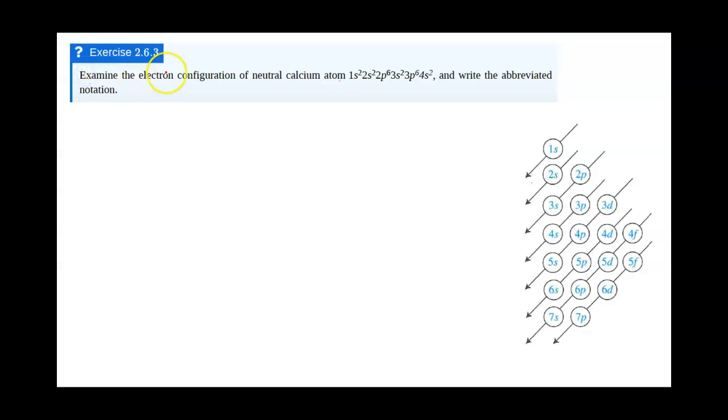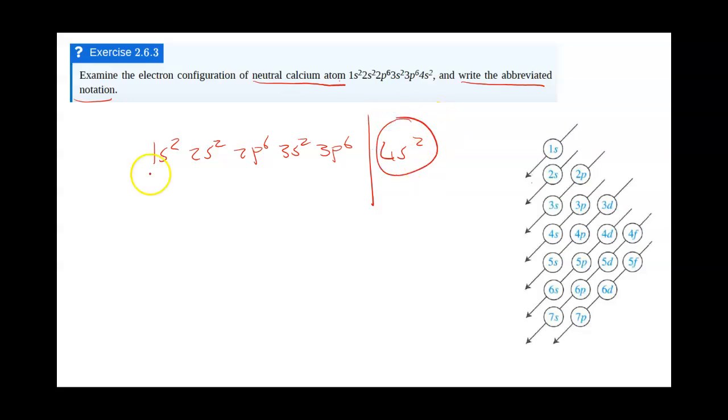It says the electron configuration of a neutral calcium atom is, write the abbreviated notation. So the first thing that we want to do is identify the inner electrons, and then count up the number of electrons in here.